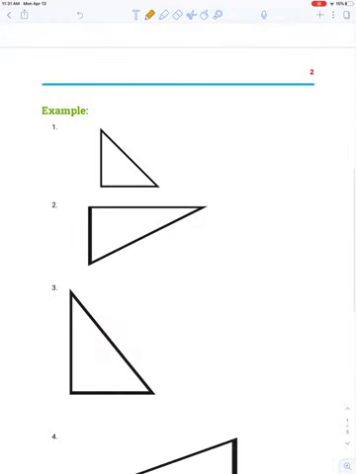Okay, so let's say we're given this side as 1 and this side is 3, which means this is my right triangle, so this is a leg, this is a leg, so we're trying to find our hypotenuse, which is C. Okay, so if we're trying to find C, we're going to leave it in the traditional way, and we're going to substitute in.